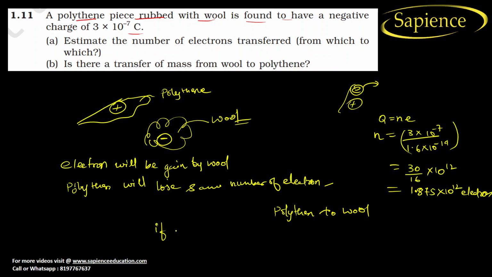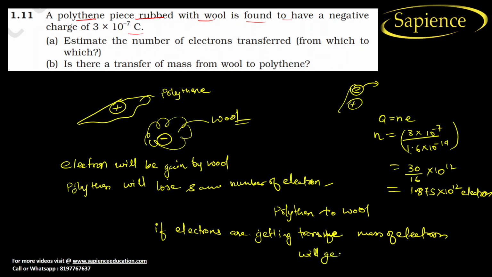If electrons are getting transferred, then the mass of the electrons will get transferred. And if you want to find the mass of the electrons, how will you find it?